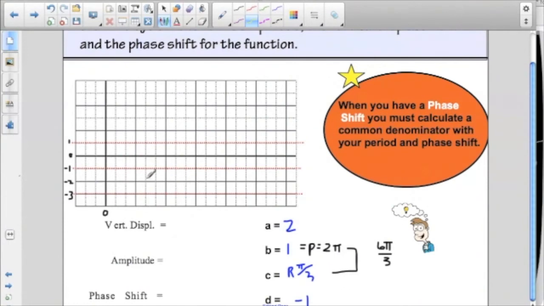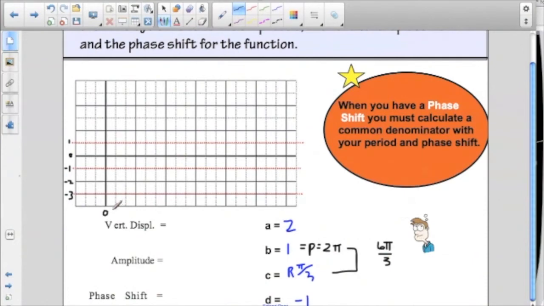The first thing is: where is the phase shift going? Well, the phase shift is going right π over 3, so it's going this way. But how do we know where π over 3 is? That gives us no numbers here, so we just need to put in some numbers. I would suggest that each tick on the grid will be π's over 3's.